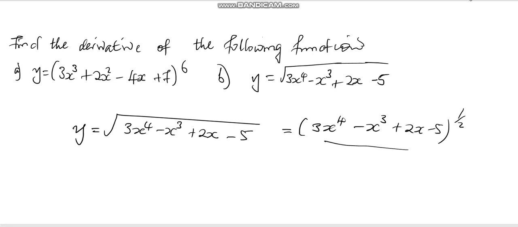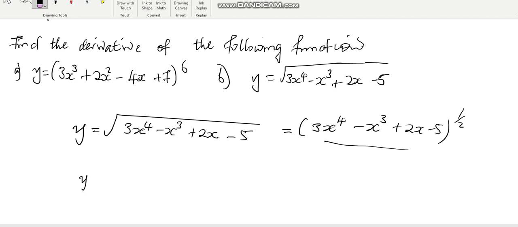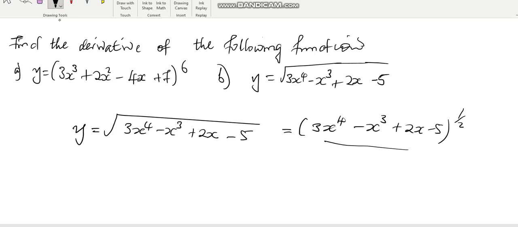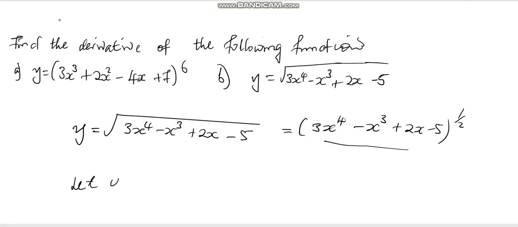So I say let u be equal to the function that is inside another function, which is 3x to the power 4 minus x to the power 3 plus 2x minus 5. If u is equal to this, then y now will be equal to u to the power half.